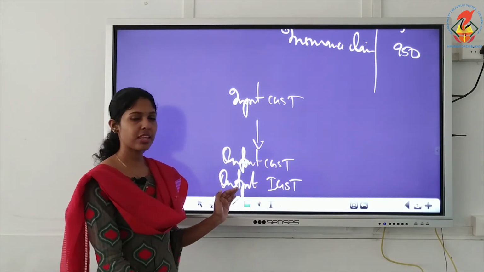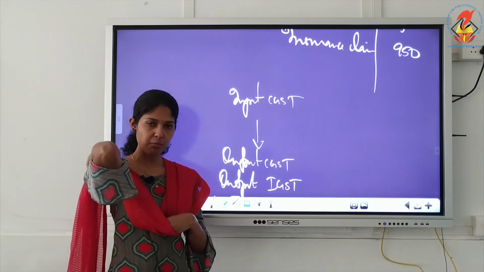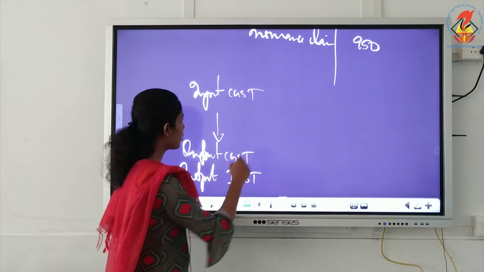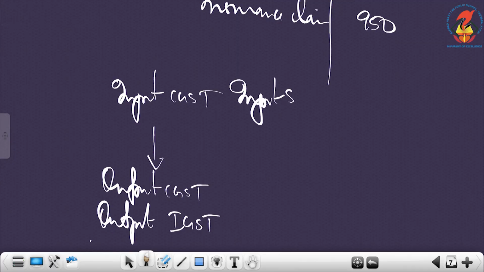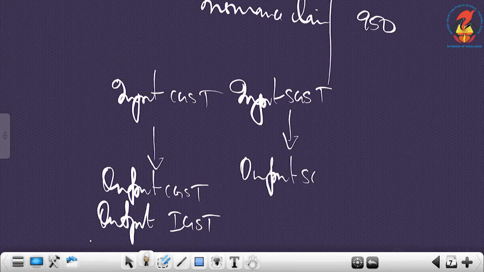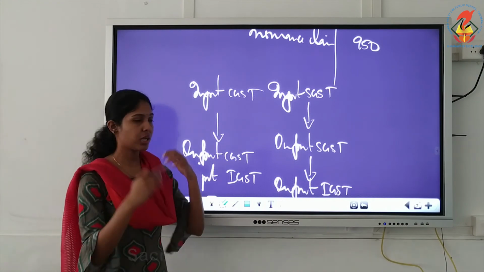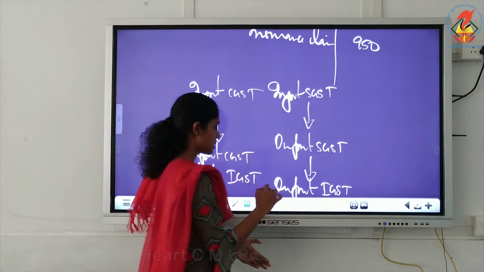Balance, still if there is any balance, that you can meet from output IGST. Similarly, you have to do for input SGST also. First meet from output SGST, later you have to meet from output IGST. Actually for exam you don't have to do like this. This is for you to understand, but if you are getting confused, you do like this.